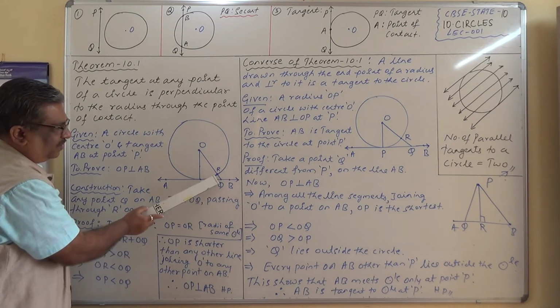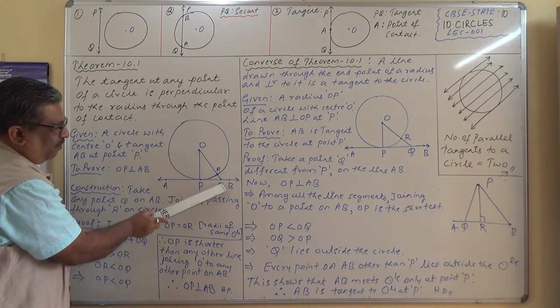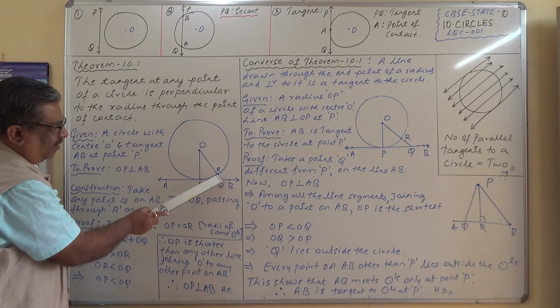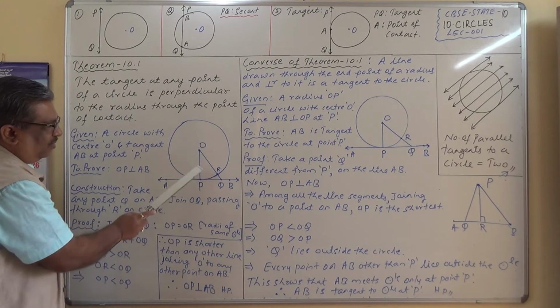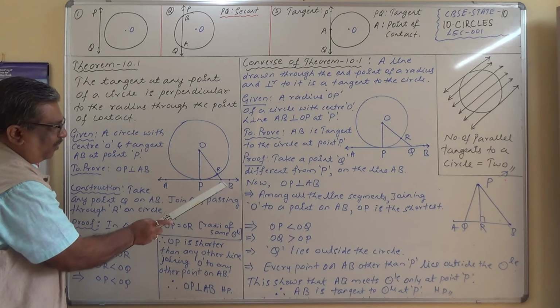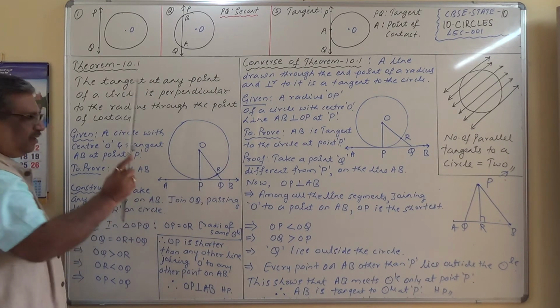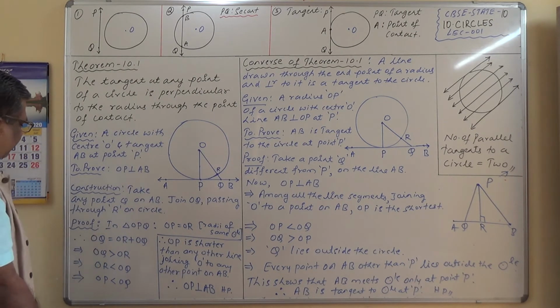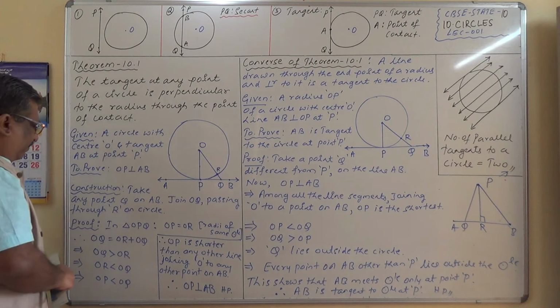I hope you are able to understand. So O is the center, P is the point of contact, Q is a point taken on line segment AB, and I have joined OQ that passes through R on the circle. Is this clear?